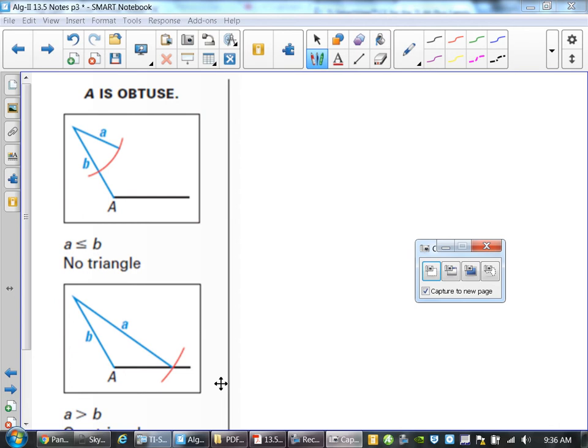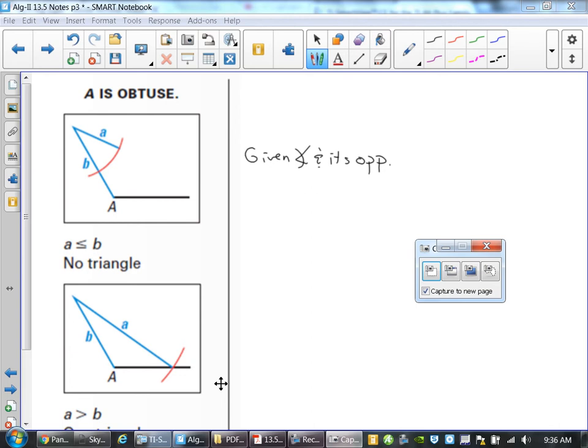Think of this as the given angle and its opposite. That's what these values stand for, the big A, little a, and the other side b.